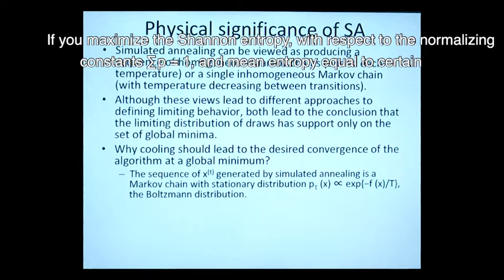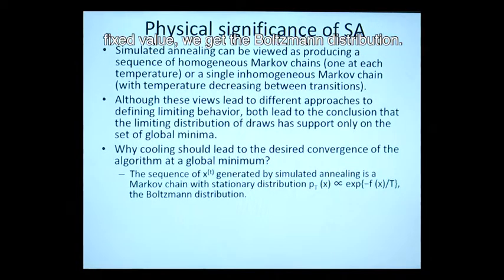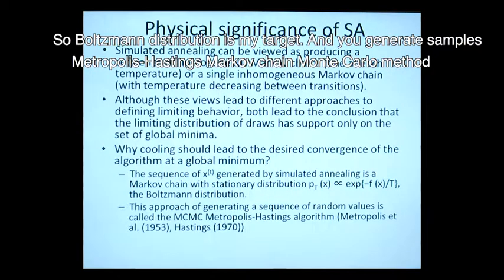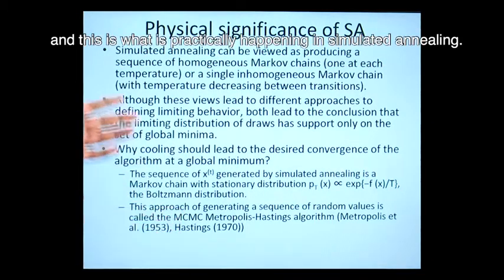If you maximize the Shannon entropy subject to the normalizing constraint summation p equal to 1 and mean energy equal to a certain fixed value, we get the Boltzmann distribution. So, the Boltzmann distribution is my target, and you generate it by the Metropolis-Hastings Markov chain Monte Carlo method.